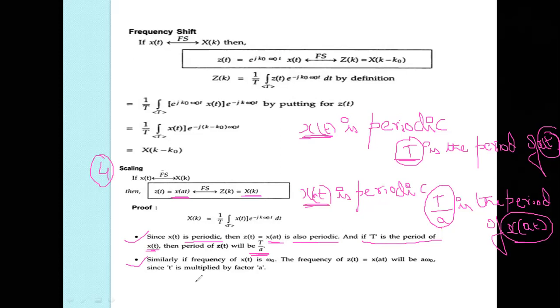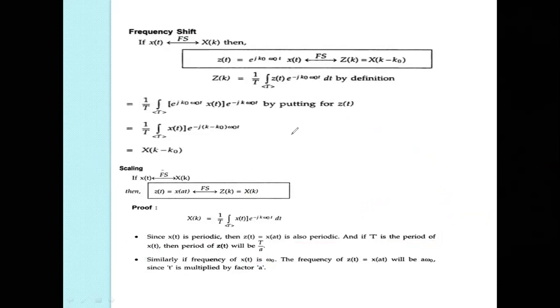Similarly, the second point: if the frequency of x of t is omega naught, then the frequency of x of at is a into omega naught.